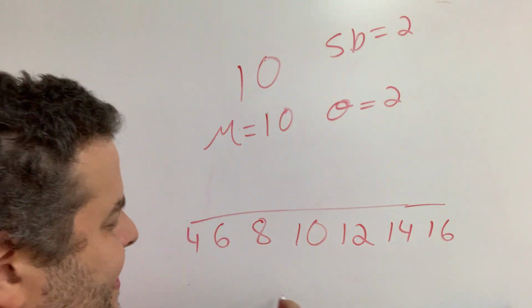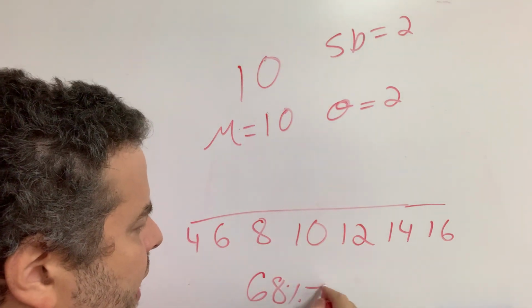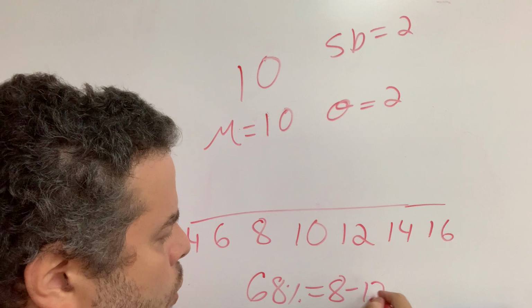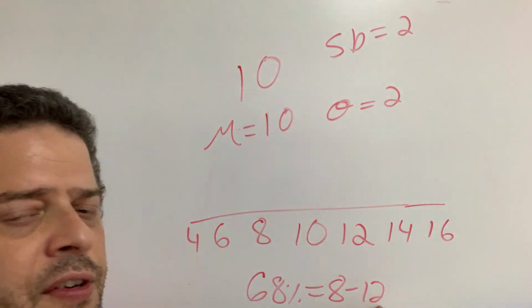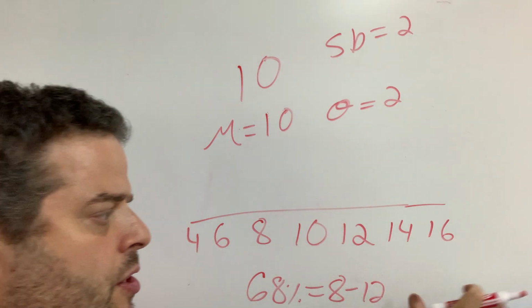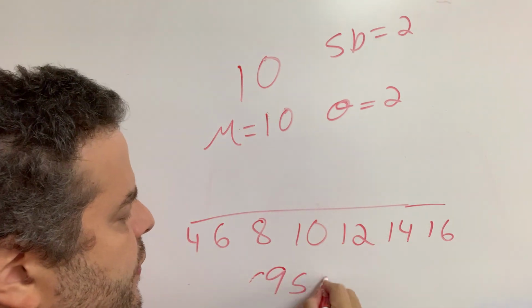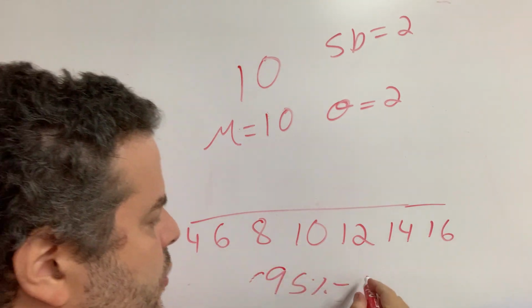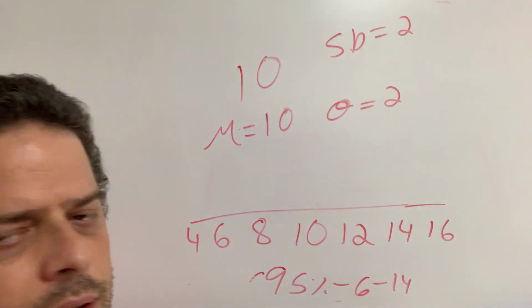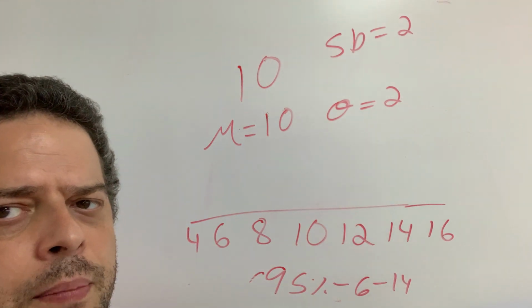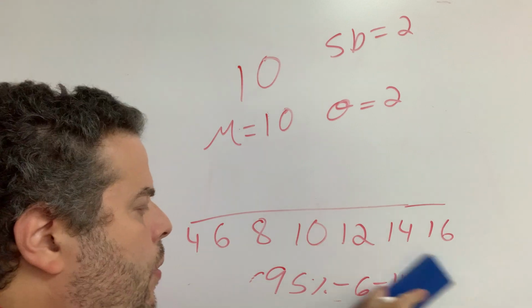So again, 68% of all values fall between 8 and 12, which is 1 standard deviation above the mean and 1 standard deviation below the mean. 95% of all values fall between 6 and 14, which is 2 standard deviations above or below the mean.